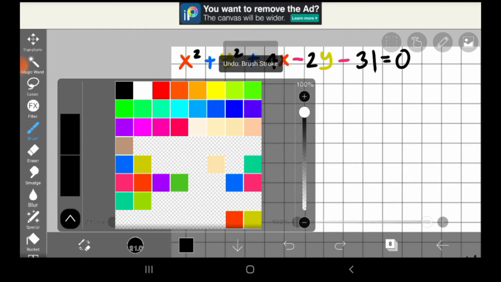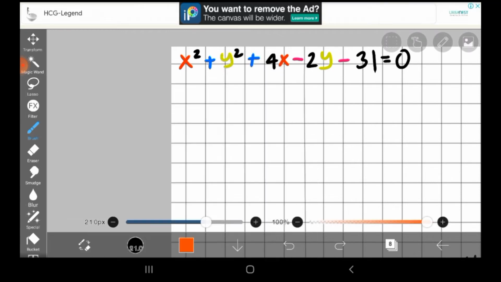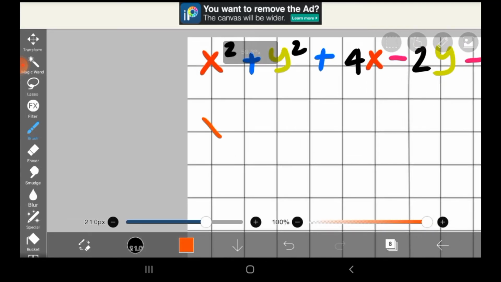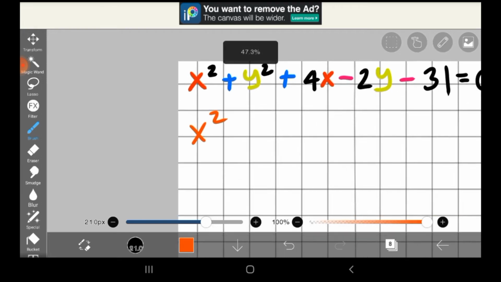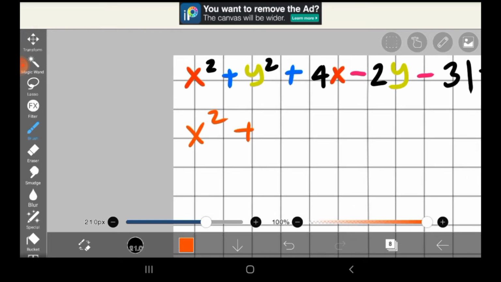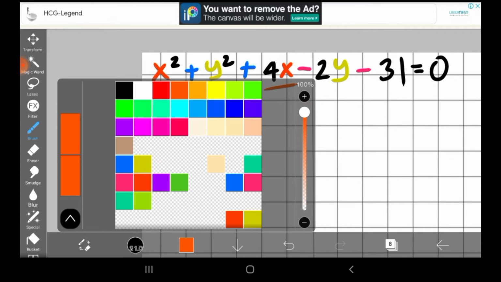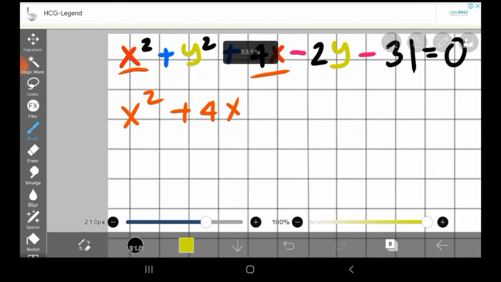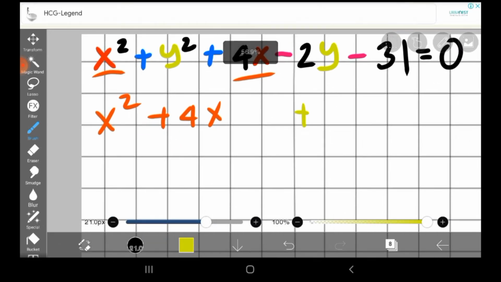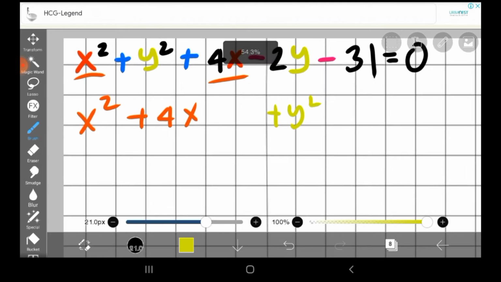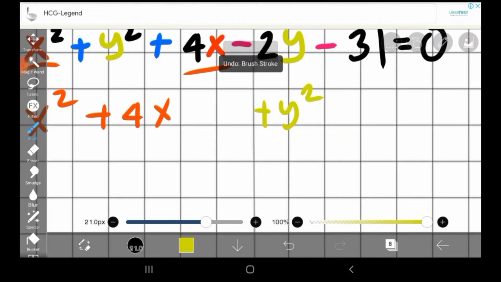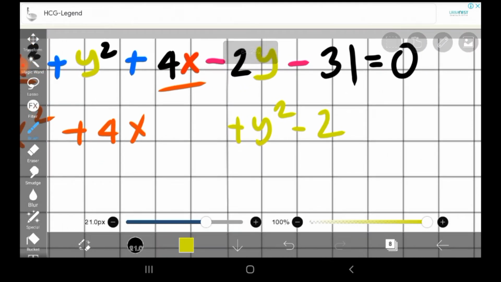So let's rewrite this first. Let's combine every term so it's not confusing. So positive x squared and positive x. Let's just combine the x in the front, and then the y squared, and then negative 2y.